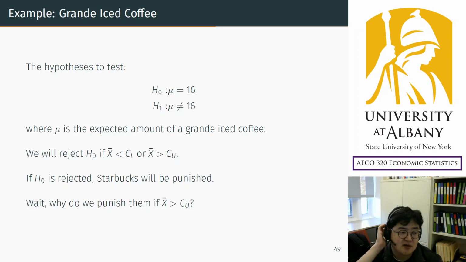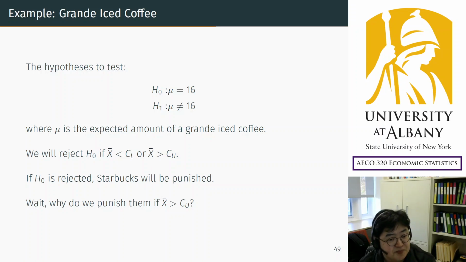That is, the coffee is supposed to be 16 ounces. Then I'm going to reject the null hypothesis if the sample average is different from 16, and I will punish the coffee shop.